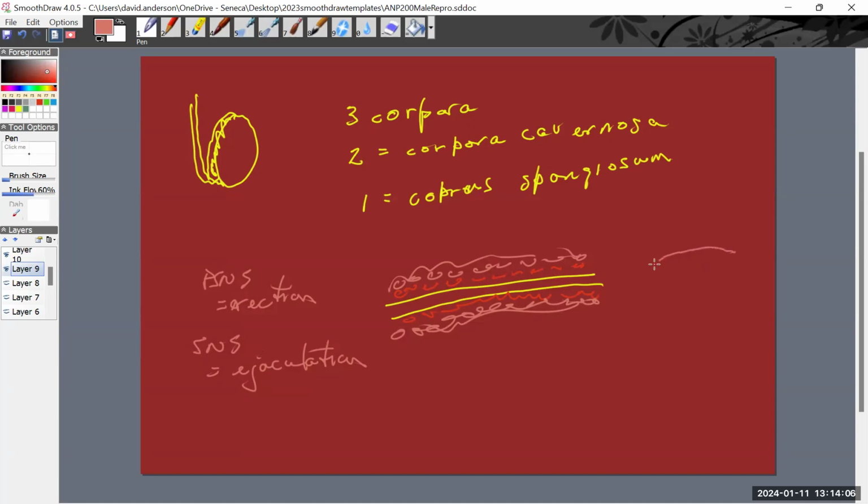Remember, we said the duct system basically travels over and around. So here's the ductus deferens, travels behind, joins up with the seminal vesicles, becomes the ejaculatory duct, joins up with the prostate, and ultimately becomes one duct with the urethra.